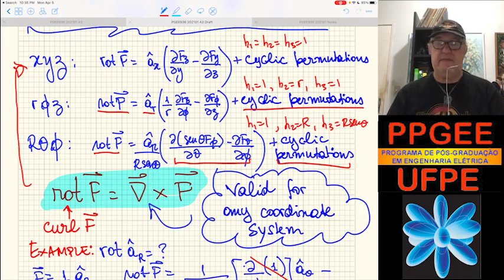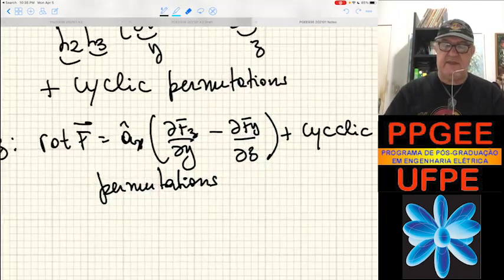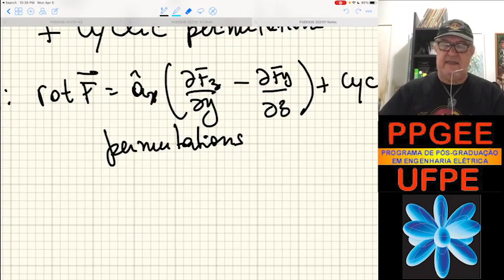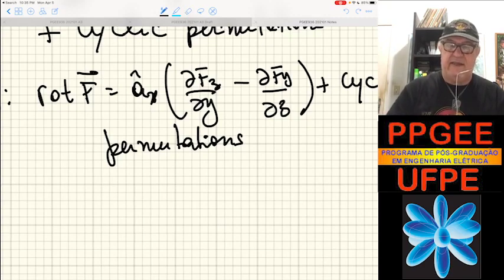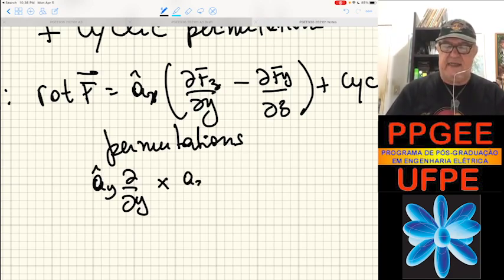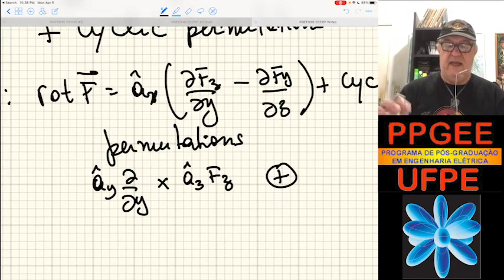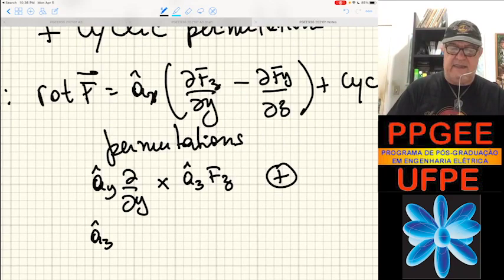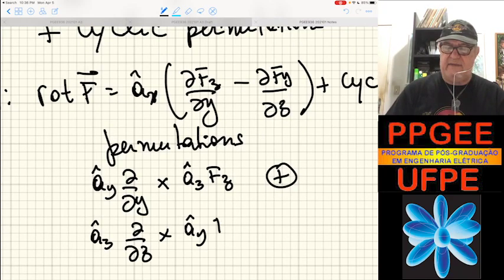Again, you just look at this expression you just showed. This is nothing else, this is the x component of nabla. The x component of nabla is ay ddy cross product with az fz, which is a plus contribution, and the other one is az ddz cross product with ay fy.